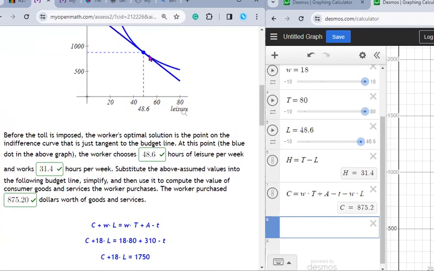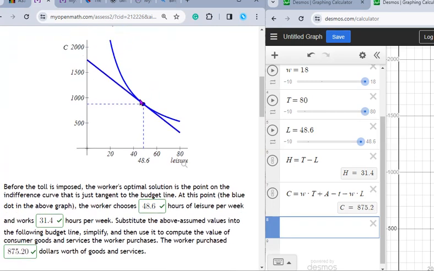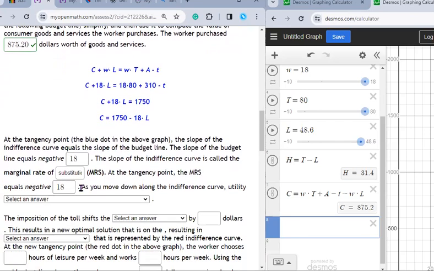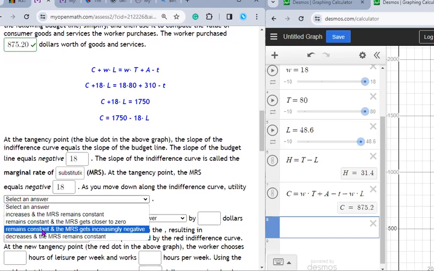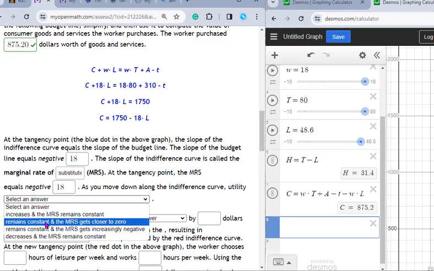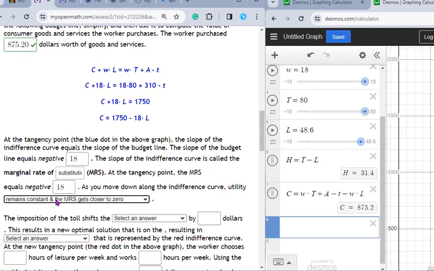As you move down along this curve, utility remains constant, but the slope is getting closer and closer to zero, right? As you move up along it, the slope is getting increasingly negative, right? So as you move down along it, utility remains constant, and the MRS gets closer to zero, right?